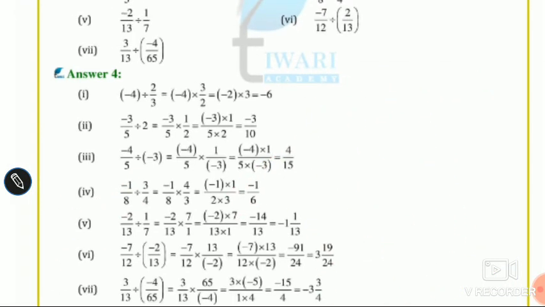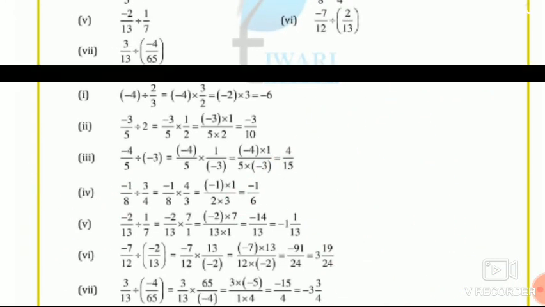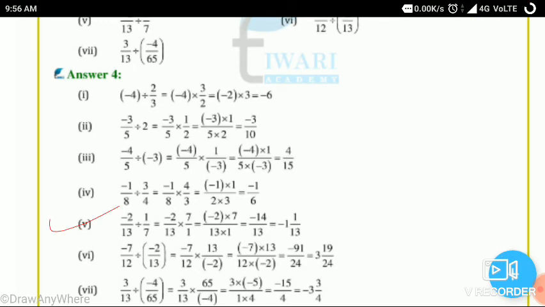Clear students? See fifth number, minus 2 upon 13 divided by 1 upon 7. So minus 2 upon 13 multiply 7 upon 1. Why? Here we change the divide sign, meaning instead of divide we write multiply, and after that we have to write the reciprocal of the next number.